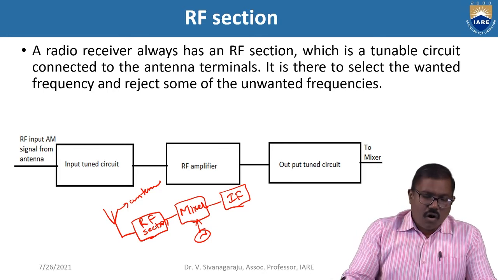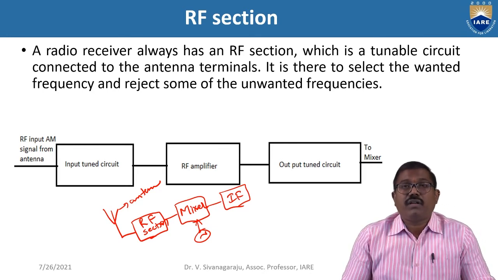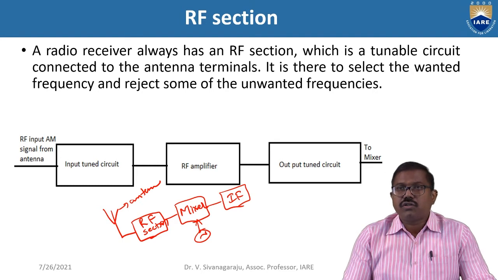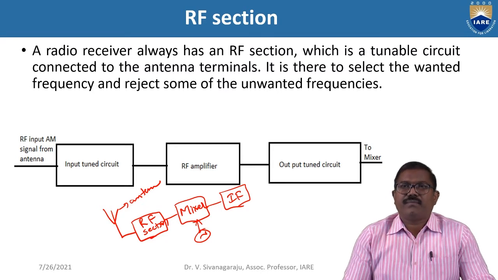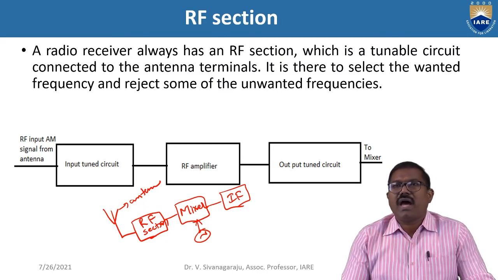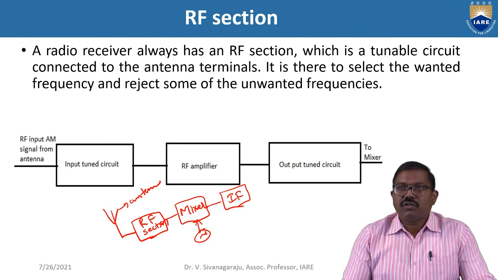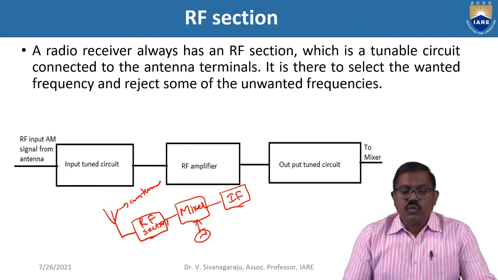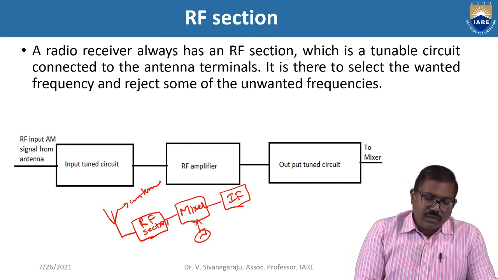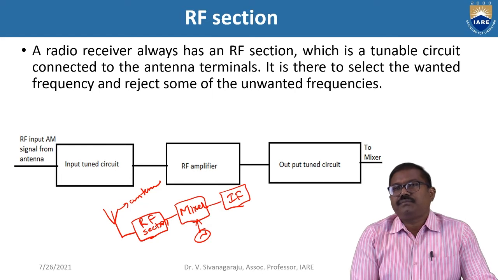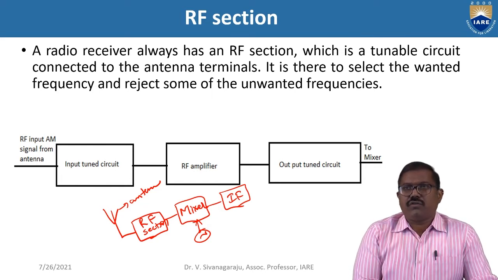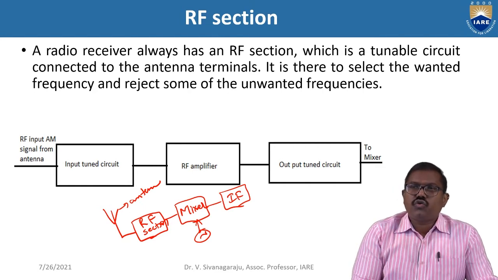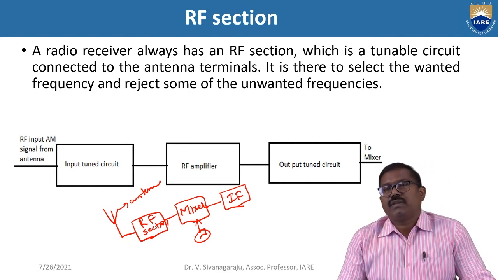After the input tune circuit, we have the RF amplifier, where we amplify the signal. Then after that we have the output tune circuit, which is connected with the mixer. The duty of the output tune circuit is to be tuned with the mixer.